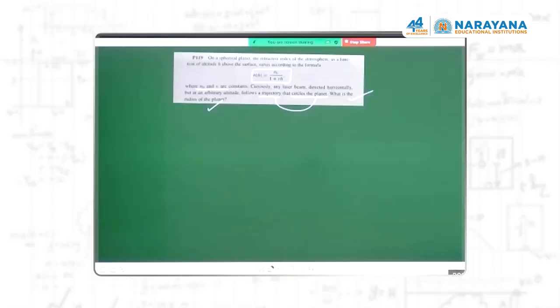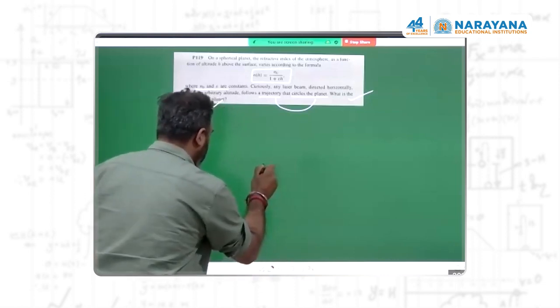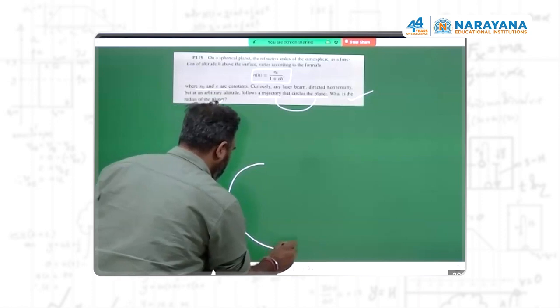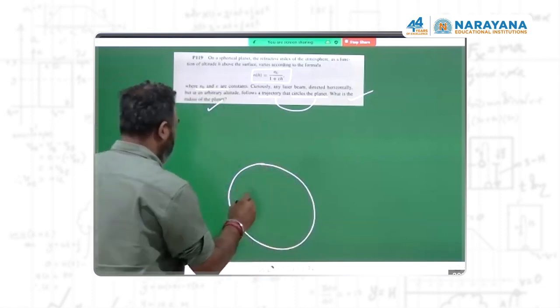First of all, if we analyze the problem, how is this possible for the ray to encircle the planet at whatever height where it is incident? If you find that out, I will just draw the structure for you where you can start thinking on the problem. Let's say this is the surface, radius r.